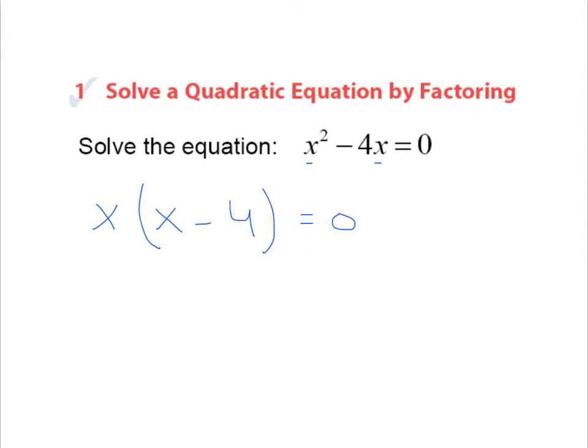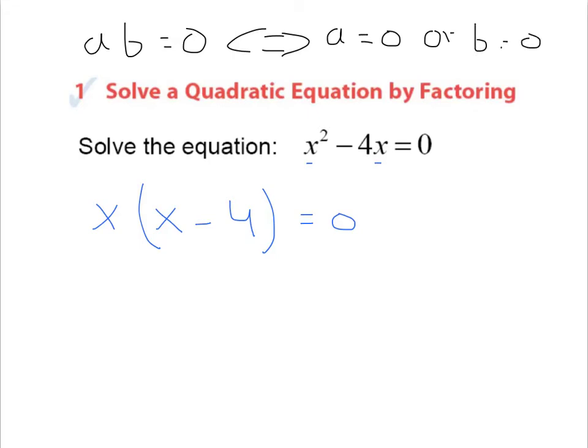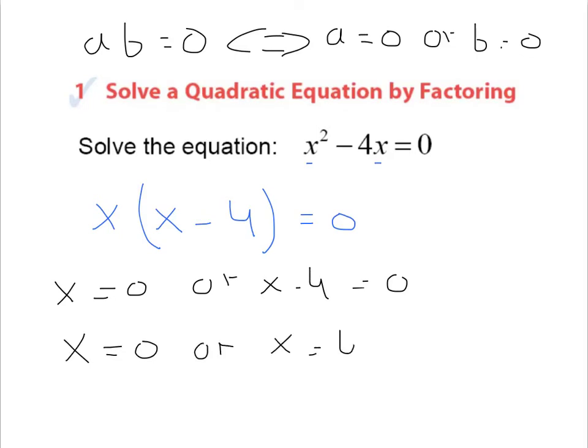Now, this property says if we have AB equals 0, it means that A equals 0 or B equals 0 or both, right? So it's either the first one equals 0 or the second one equals 0. And we're going to have the same thing here. We get x equals 0 or x minus 4 equals 0. So it means x equals 0 or x equals 4.